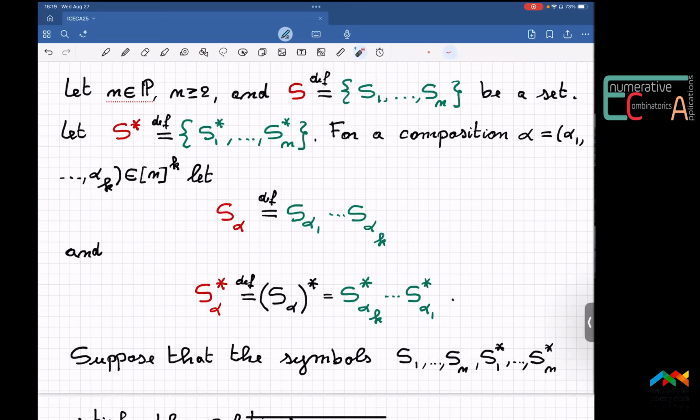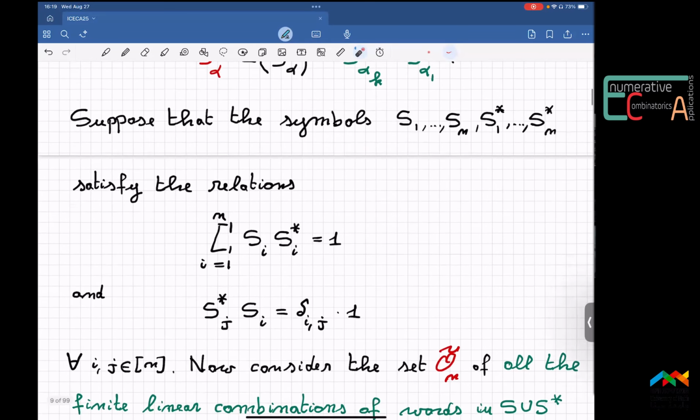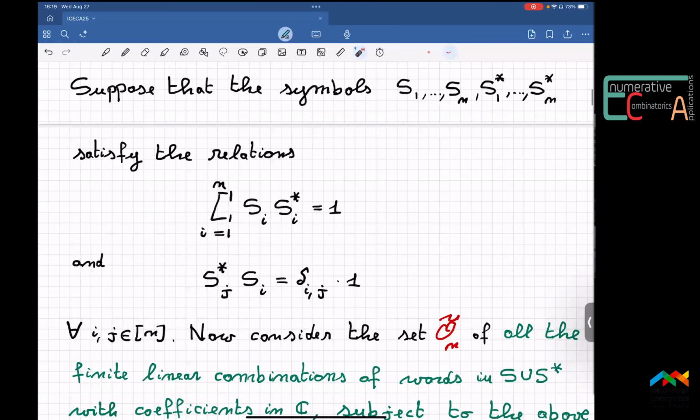Now I assume that these symbols S1, ..., Sn, S1 star, ..., Sn star satisfy these relations. The sum for i from 1 up to n of Si Si star is 1, the number 1. And the product Sj star Si is delta_ij times 1 for all i, j. So if j is different from i, this is 0.